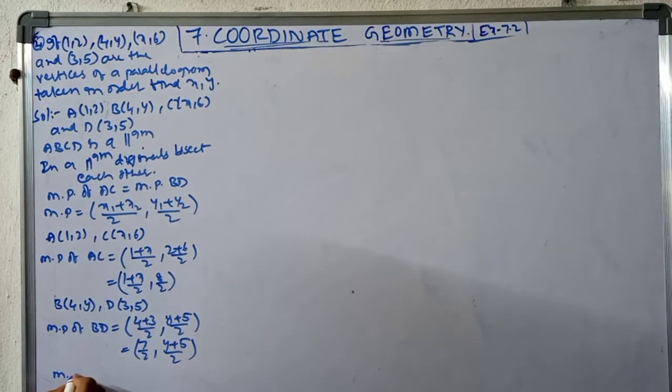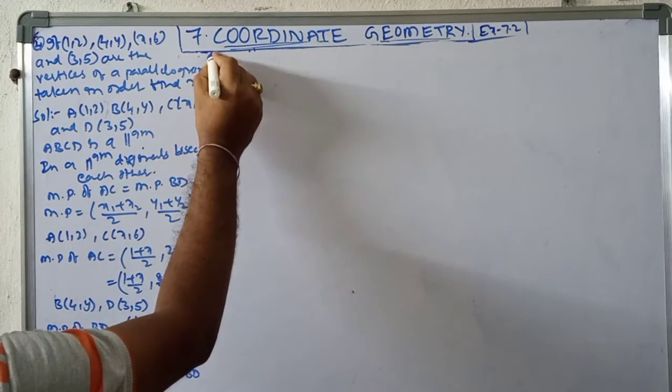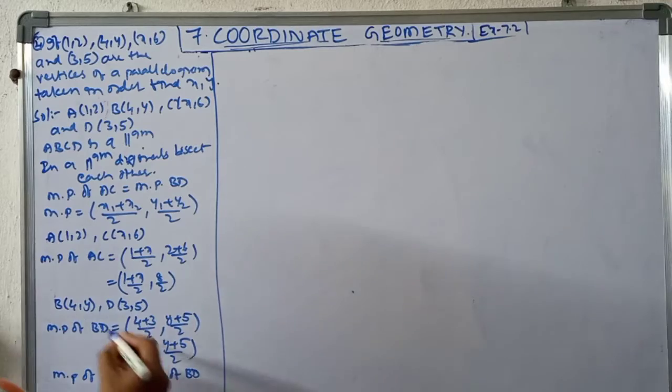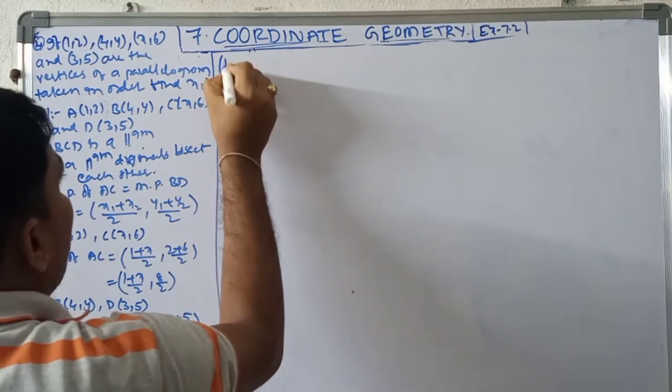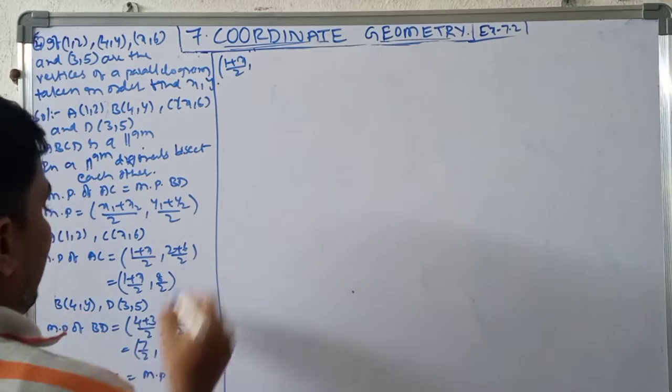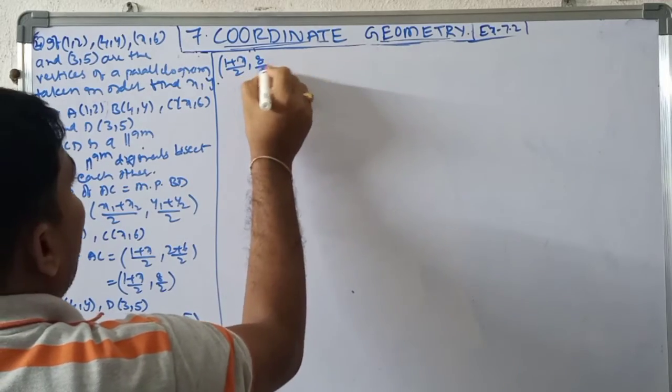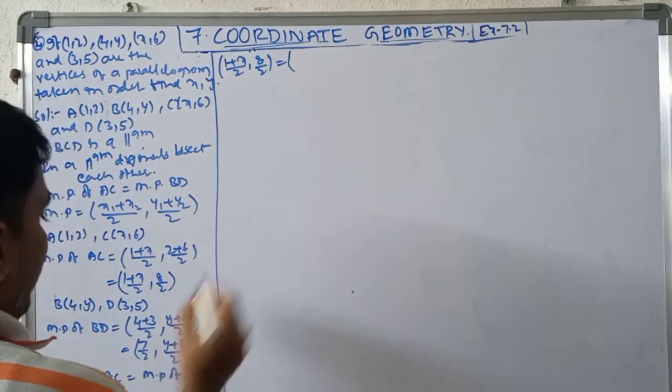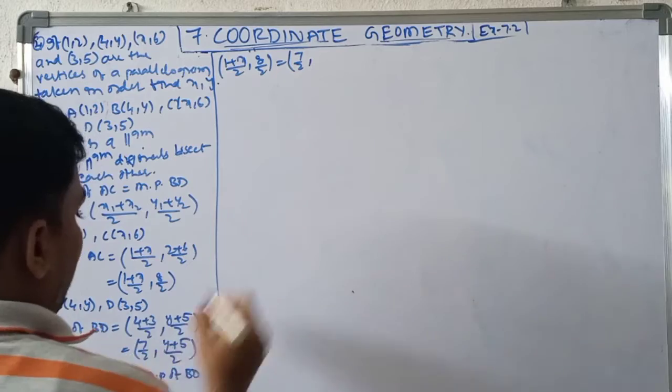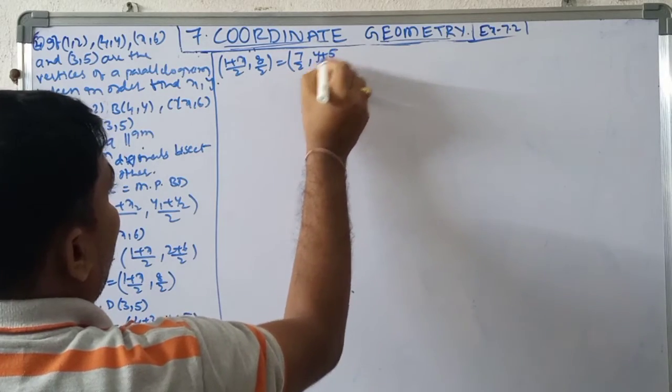So midpoint of AC equal to midpoint of BD. Midpoint of AC 1 plus x by 2 comma 8 by 2, which is equal to 7 by 2 comma y plus 5 by 2.